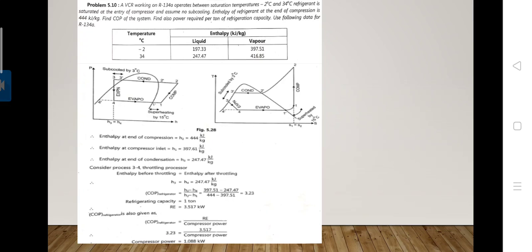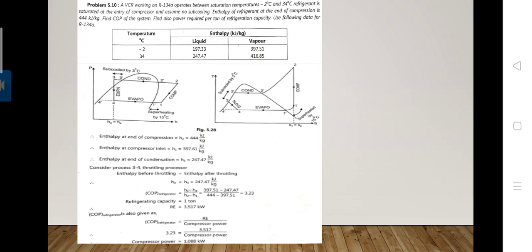Next is the enthalpy at the end of condensation, that is H3, because H3 is the end of condensation. The end of compression is H2, which is the entry of the condensation.